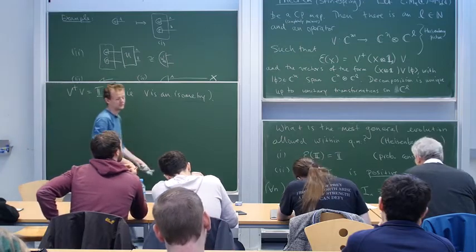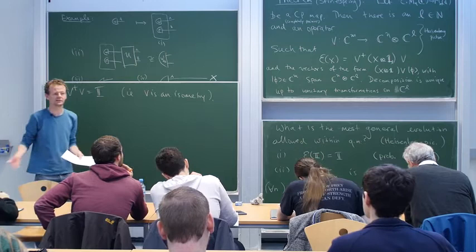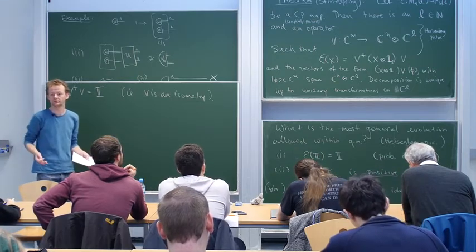So the first thing to observe is that an isometry is really just a unitary acting on a bigger space where you ignore some part of that bigger space.